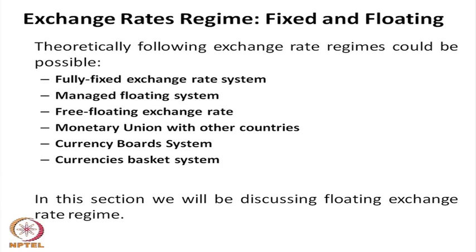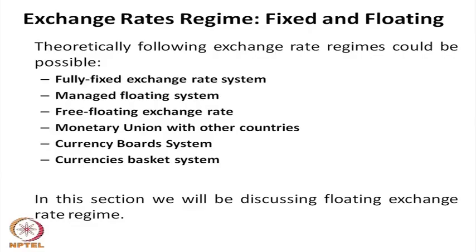However, if you see country practices, very big countries, whose exports and imports are quite impressive, generally practice a managed floating exchange rate regime. Small countries that depend upon their exports generally practice a monetary union, a currency board system or a currency basket system.